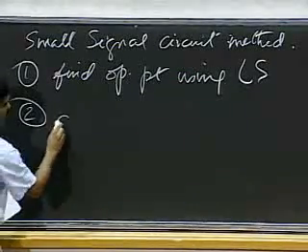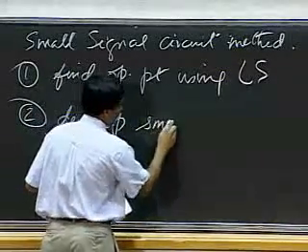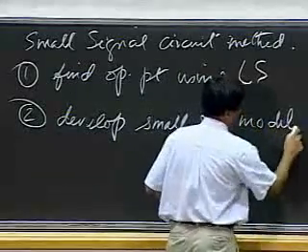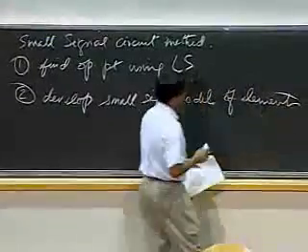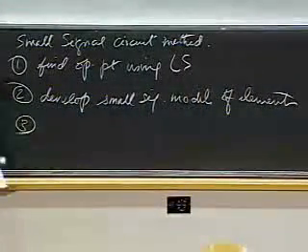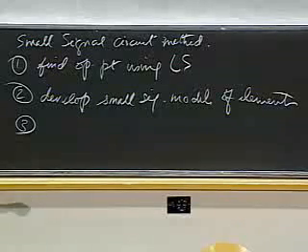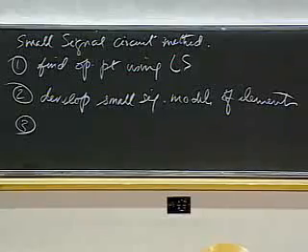So the second step is develop small signal models. Take each of the elements in your circuit and find their equivalent small signal circuit model for each of the elements.